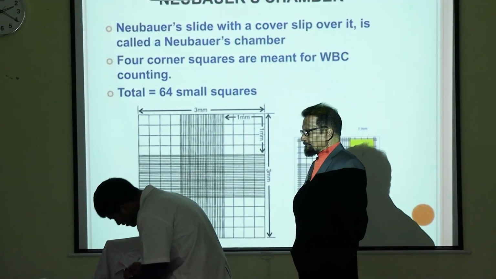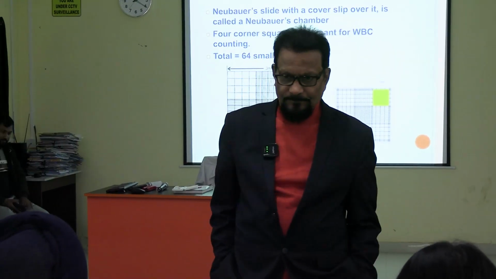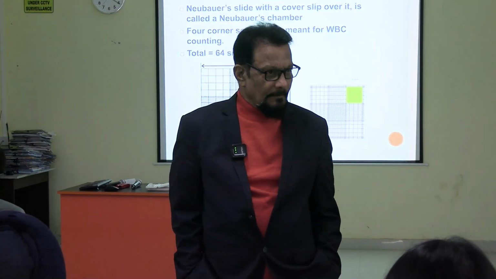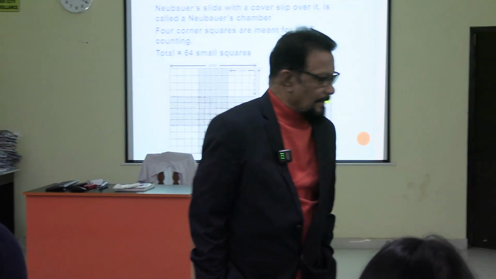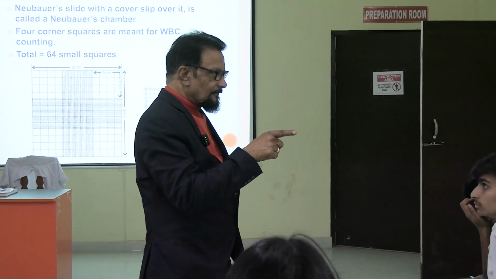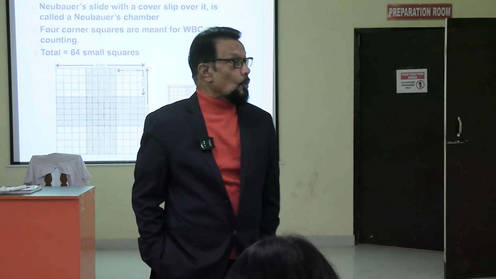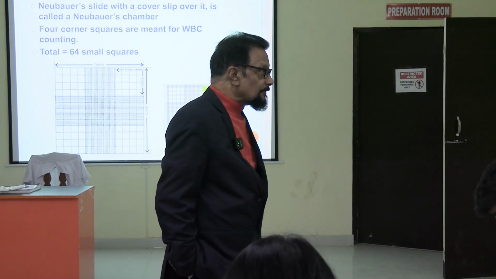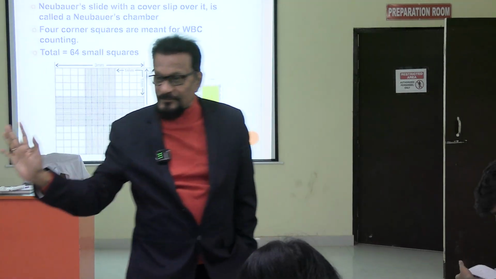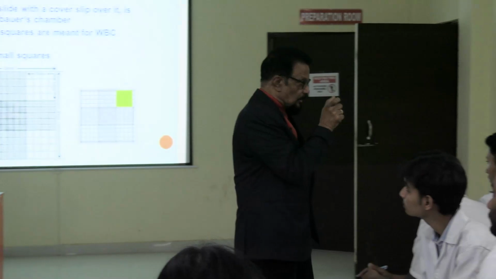Right. There are 16 divisions, 16 small squares, so I divided it by 16. Okay, and I got the average value for each small square. The value is how much? 5. Now do you know the volume of this small square?